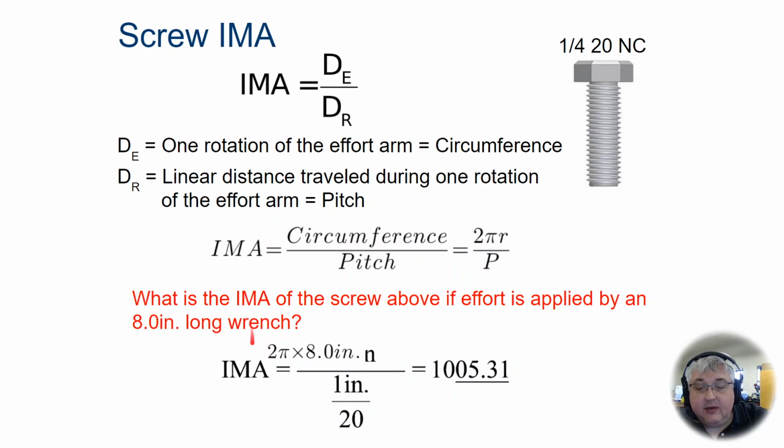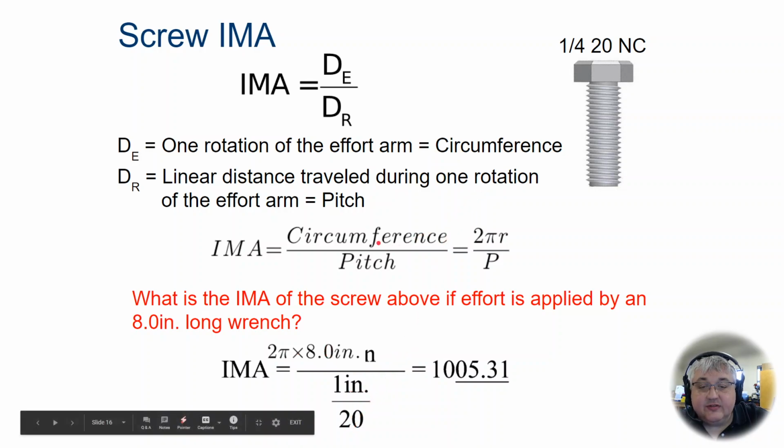We have 2 pi times the 8-inch wrench, so there's the circumference, divided by the pitch, which is 1 over 20, and you work all that out, and you get 1,005. So a mechanical advantage of over 1,000.